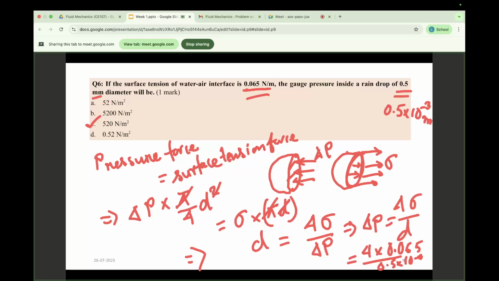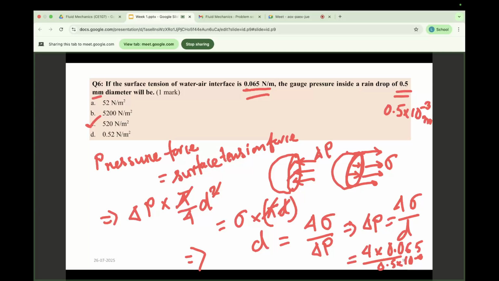So basically in a droplet, the pressure force is balancing the surface tension force. That concept is used even in printing, in the ink used, where the pressure force and the surface tension force are equal to each other.